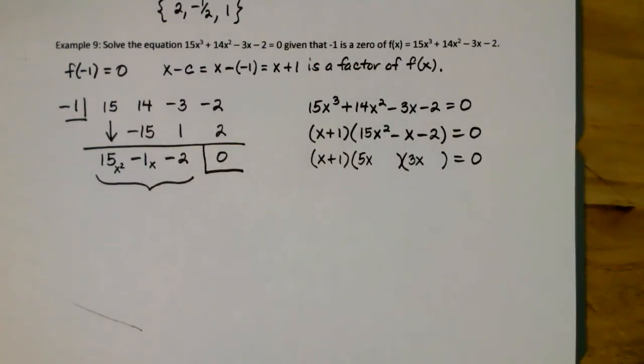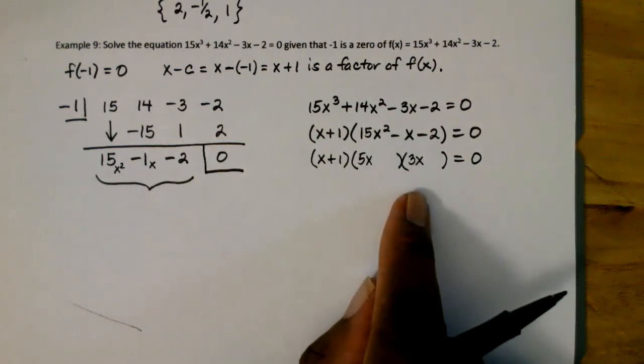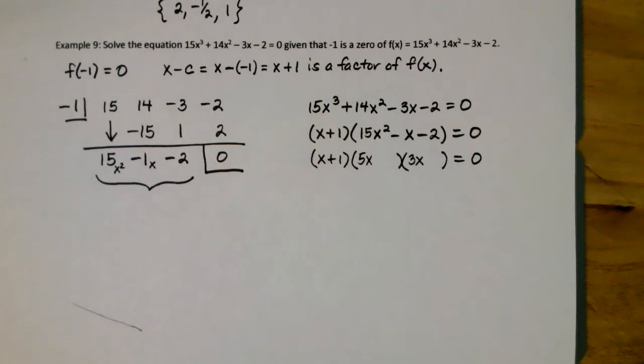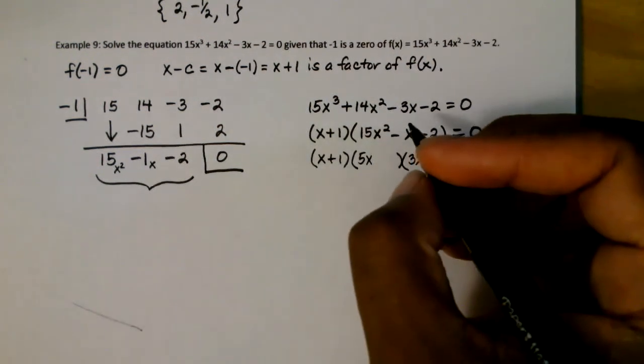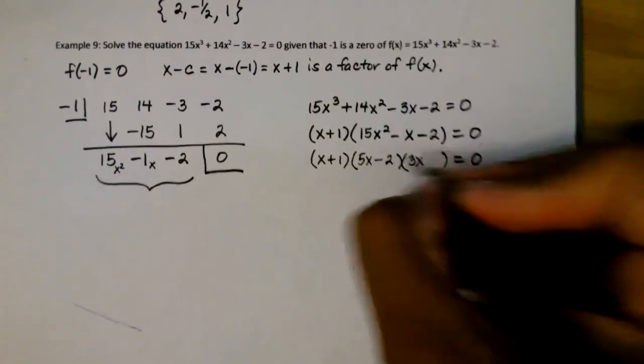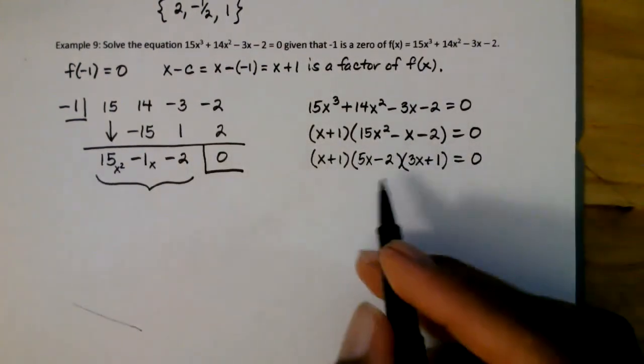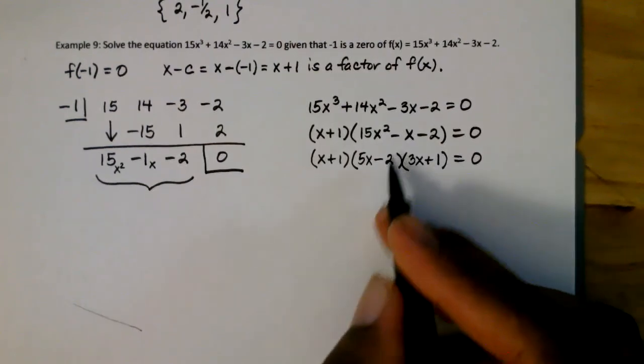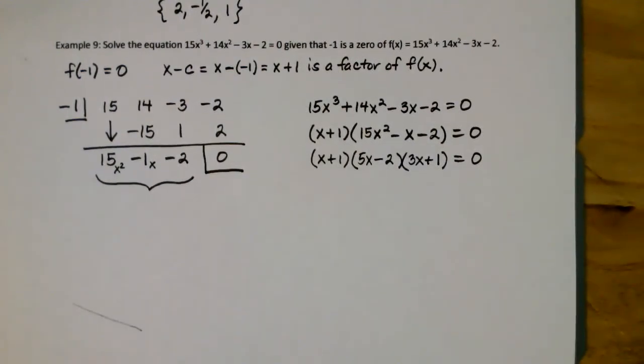I'm using that because if I try 15x and just x, I'm not going to be able to come up with a factor of -2 where the outer and the inner will be minus 1x. So 5x and 3x would work best. The only factors of 2 would be 2 and 1. So I'm going to put the -2 here and the +1 here, where 5x and a minus 6x will give me minus 1x. So that's x plus 1 times 5x minus 2 times 3x plus 1 equal to 0.